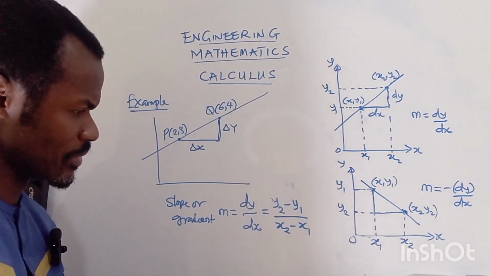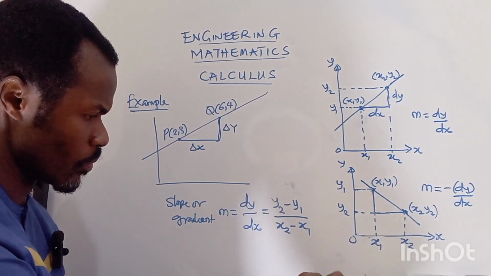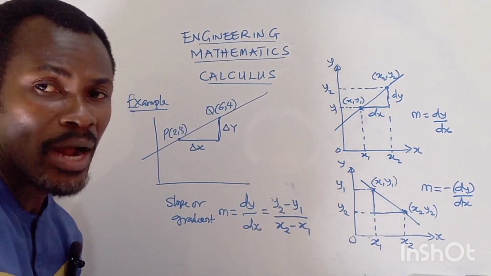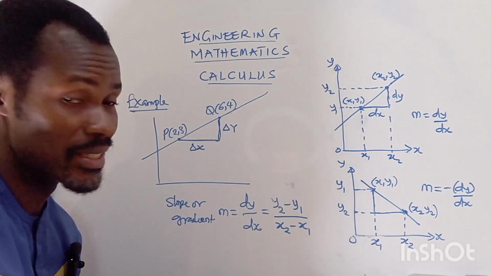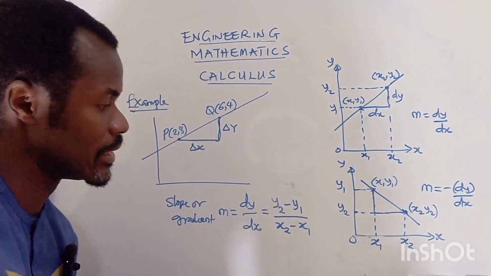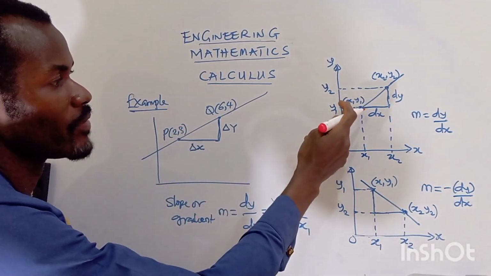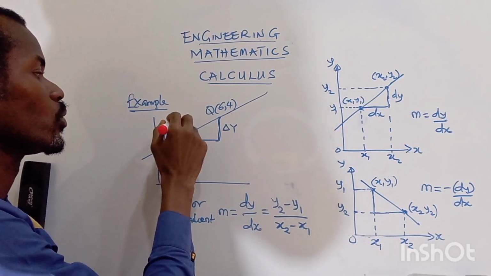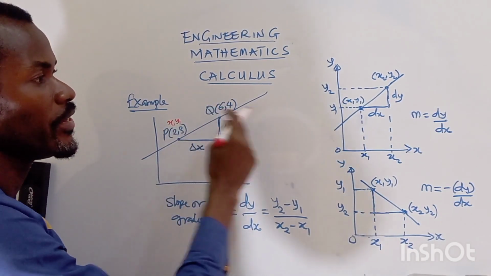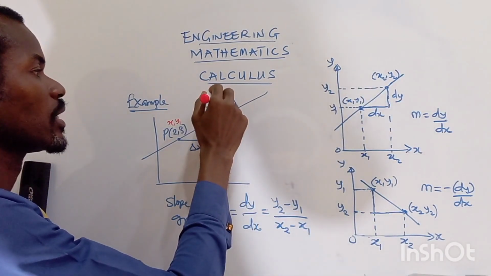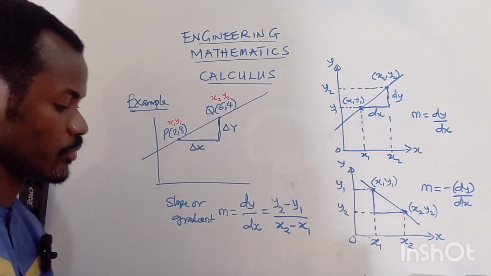So let's now get the values for y2, y1, and x2 and x1 and include them in this. All you need to do is come here, just like we have x1, y1, you say x1, y1, and here we have x2, y2, so you say x2, y2.